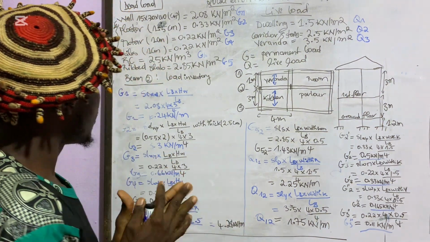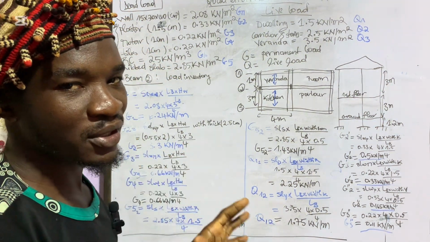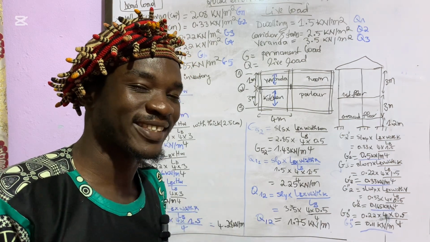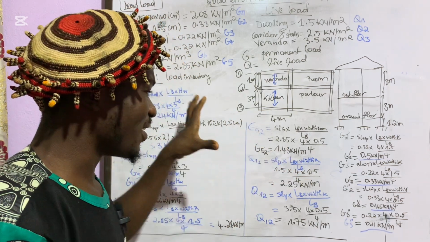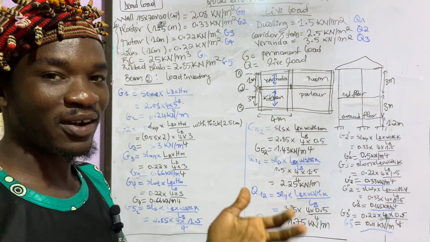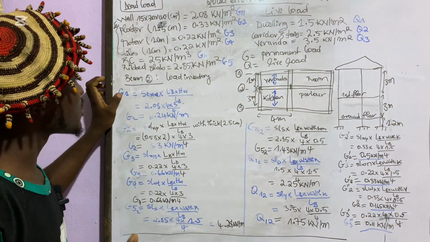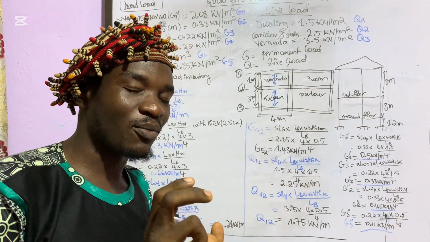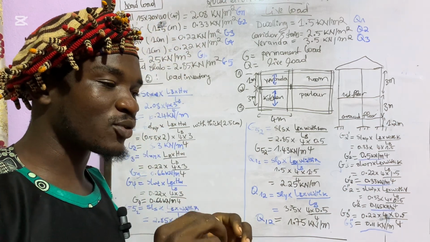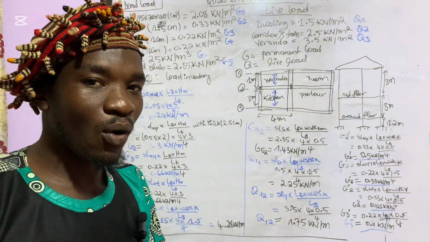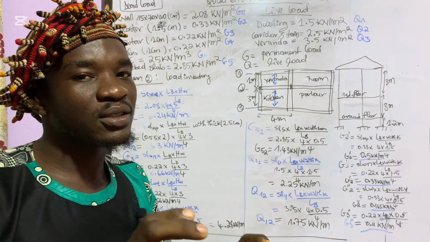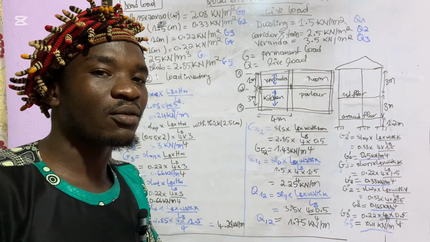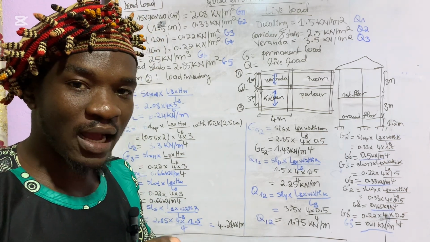Let's go into calculation. To shorten the video, I decided to make some calculations because it could have been so long. Normally I'm supposed to make it in a minimum of 3 categories: the inventory load for the walls, the inventory load for the slab if my beam is carrying a slab, and then the inventory load for the self weight of that beam.